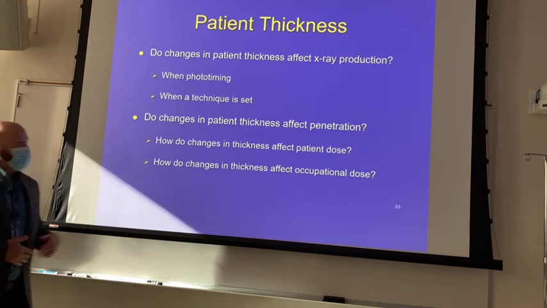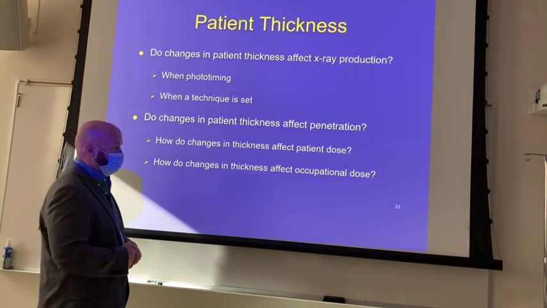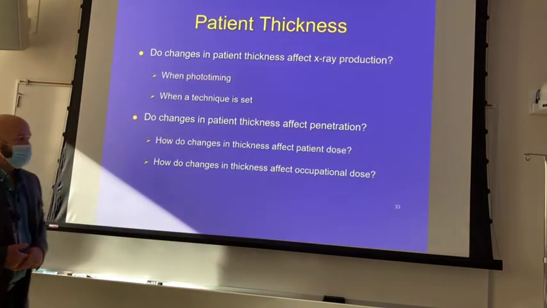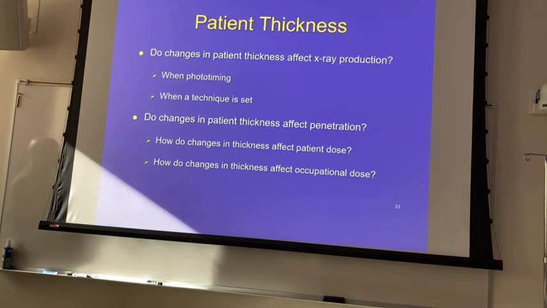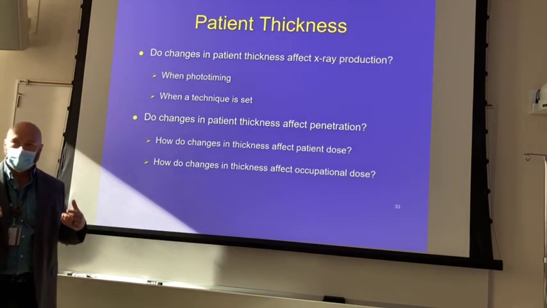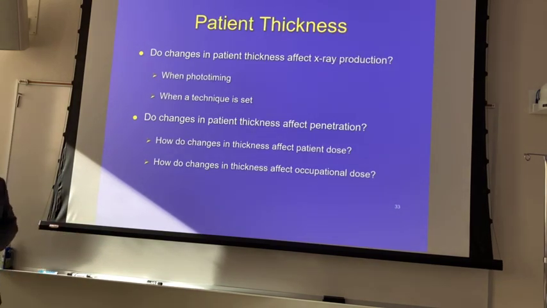All right, so in that way, patient dose is going to increase. What happens to your occupational dose? You're shooting a portable chest X-ray on a patient who's asthenic, a nursing home patient, a little old lady who is just tiny and frail. You shoot a chest X-ray on her, you're not going to create a whole lot of scatter radiation.